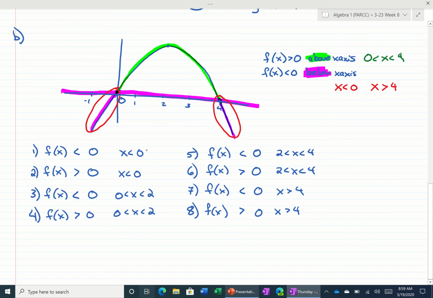When x is less than 0, what's the graph doing? Well, that's this section right here. X is less than 0 is this section. That's below the x-axis, so that's why that would be the correct answer. It's not above, so that's wrong.